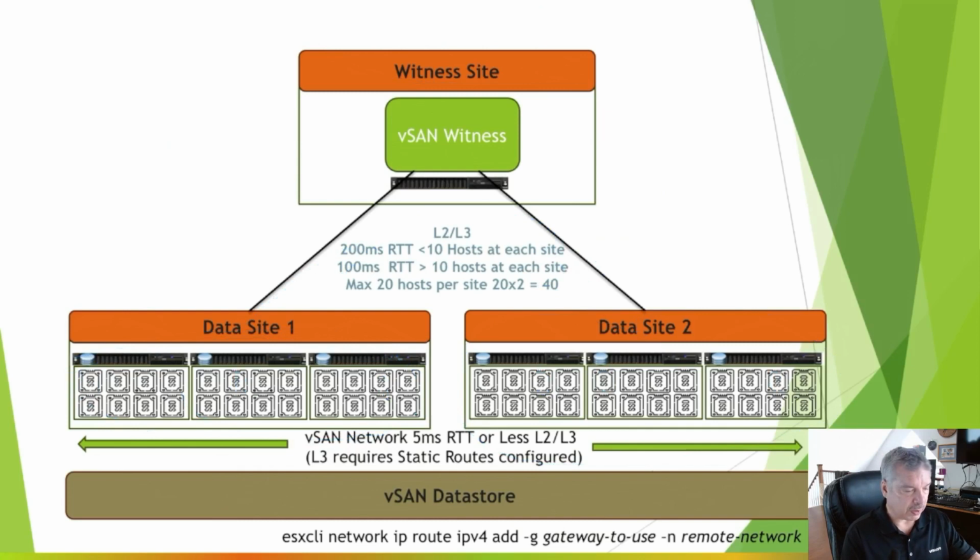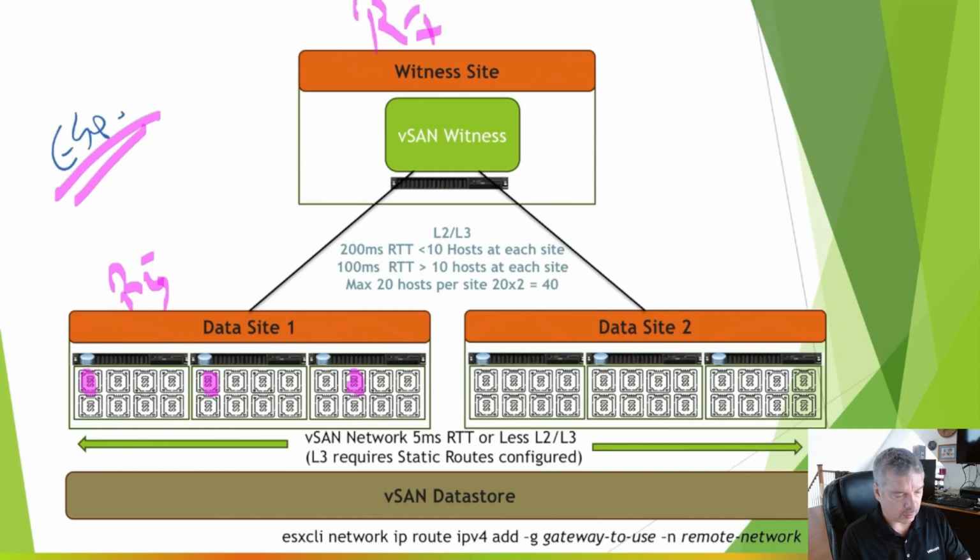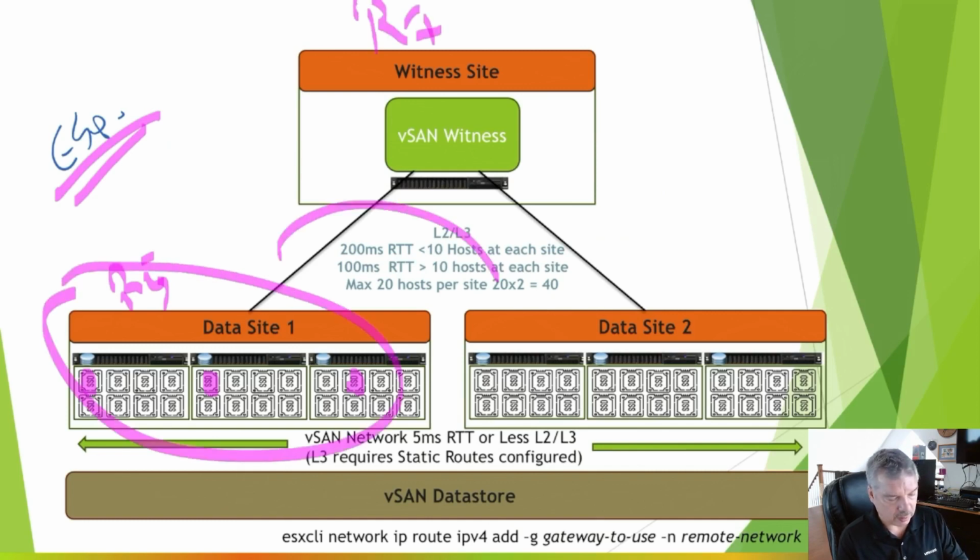If this was Express Storage Architecture and you're doing RAID 5, so I'm doing Express Storage Architecture, I can do a component here, let's say, and a component here. I'm doing RAID 5 for my VM. Then I'm doing site mirroring, RAID 1. So I'm going to take this and mirror it over here. Let's say there, component.